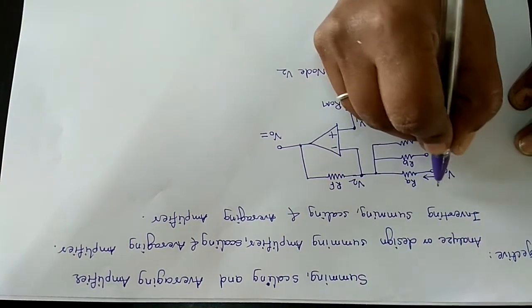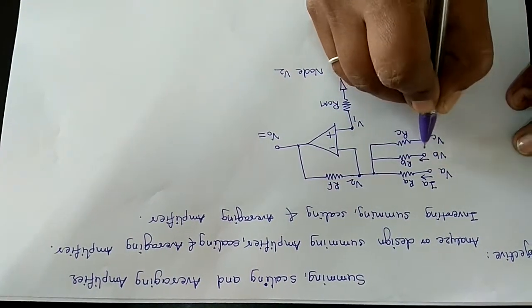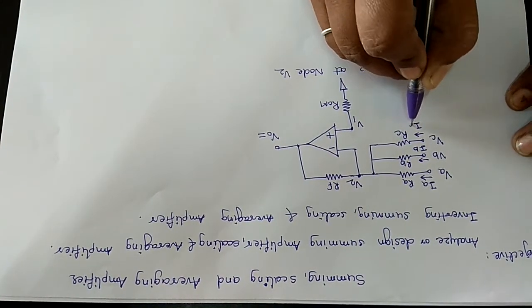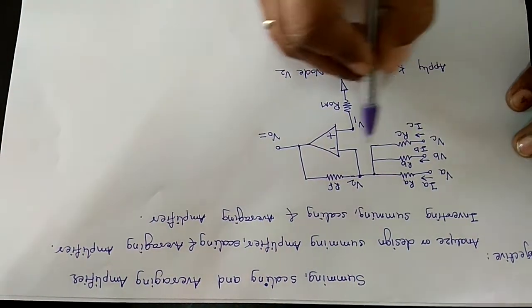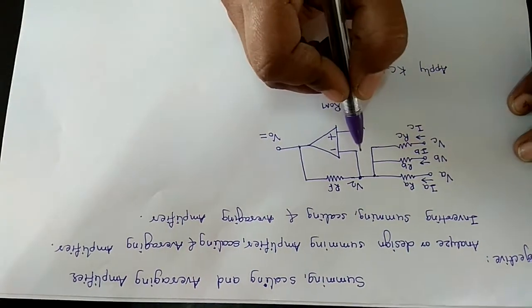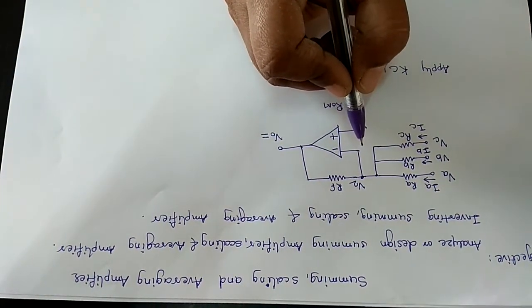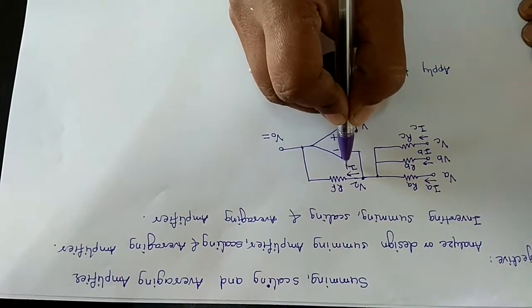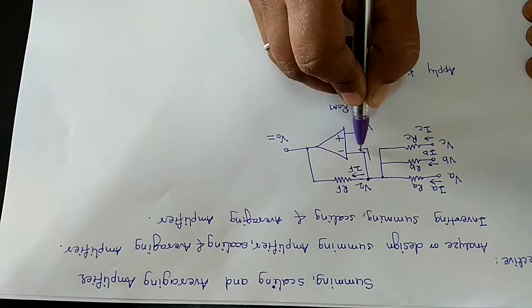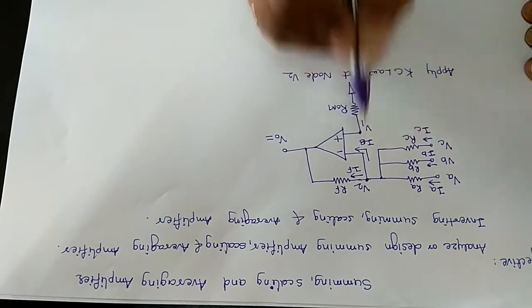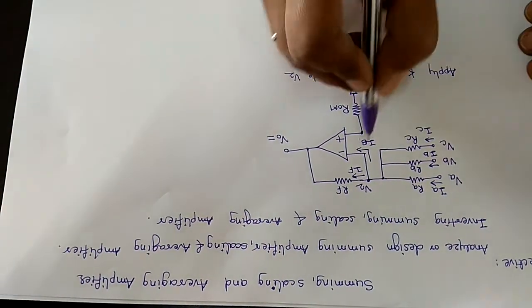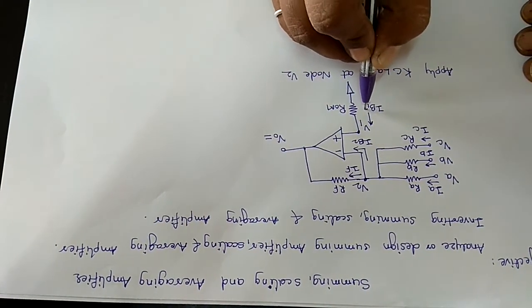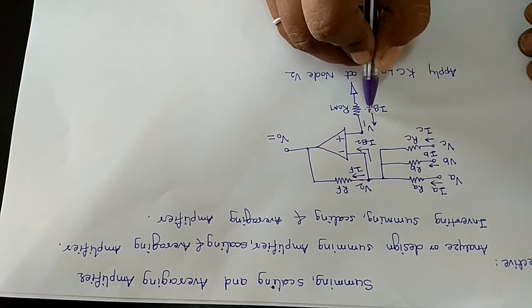Because of VA, the current flowing is IA, because of voltage source VB, the current is IB, and because of VC, the current into the input terminal is IC. Here the current through the feedback resistor is IF, and the currents going to the input terminal are the input bias currents IB1 and IB2.